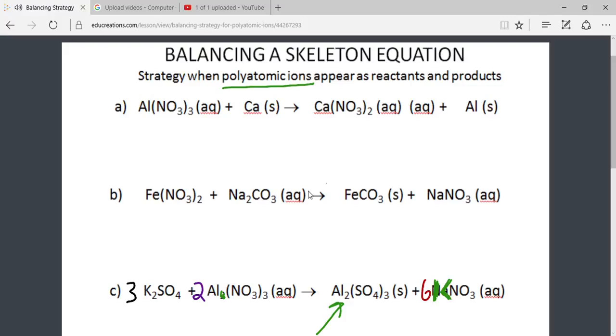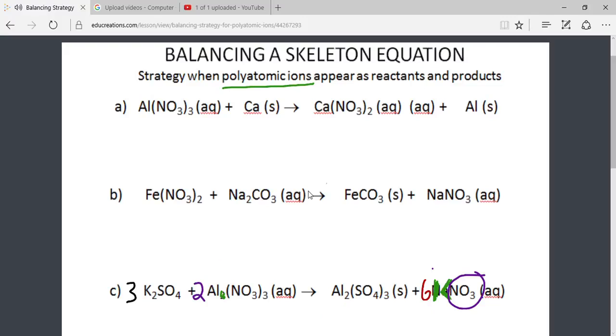The reaction is now balanced for aluminum. This 2 also doubles the 3 nitrate, or NO3, ions that were already present, creating 6. The coefficient of 6 written in front of KNO3 on the product side created the 6 nitrates needed. Therefore, on each side of the reaction, there are 6 nitrate.